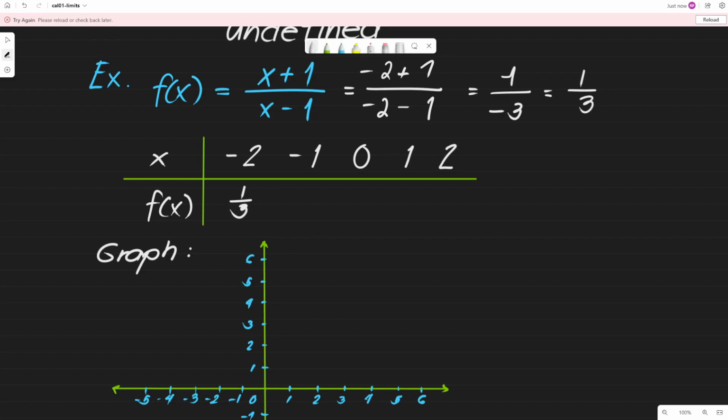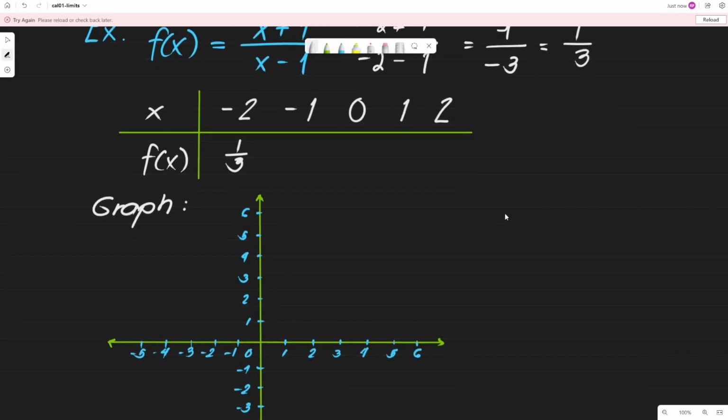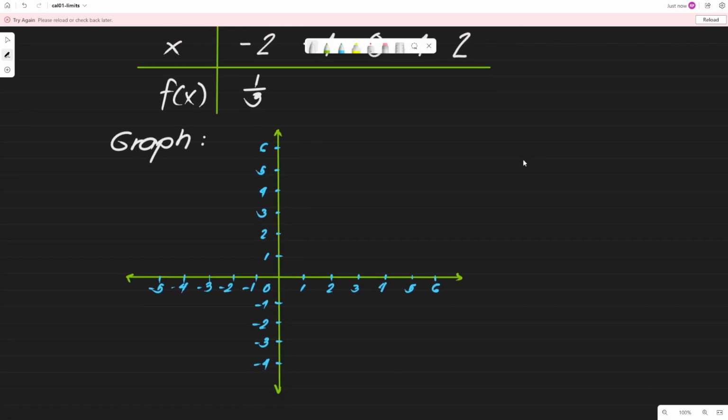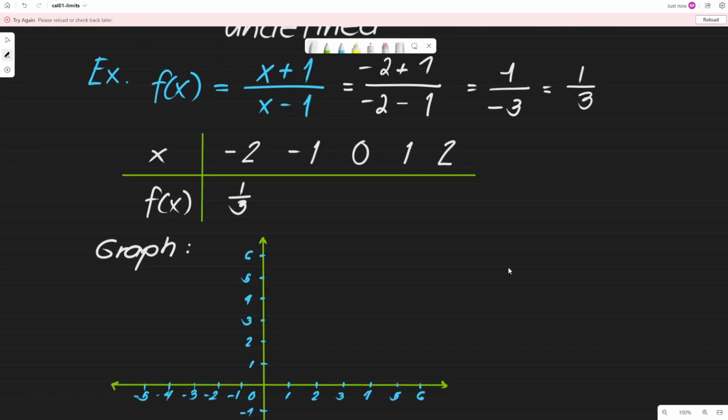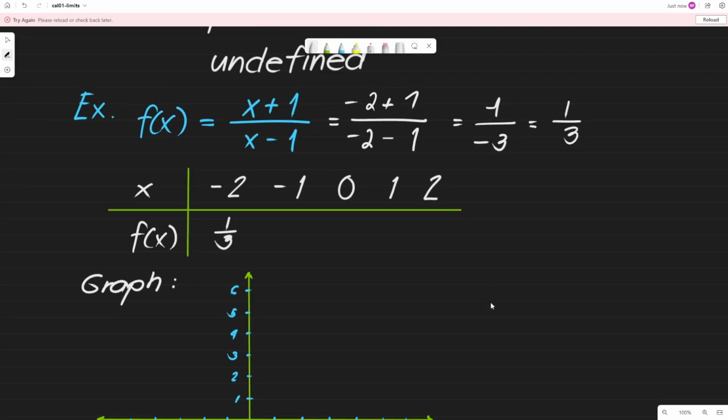Okay, so we can also try to plot this later, one by one, to see how the graph of our function looks when it gets to its breaking point. Let's populate this table first.